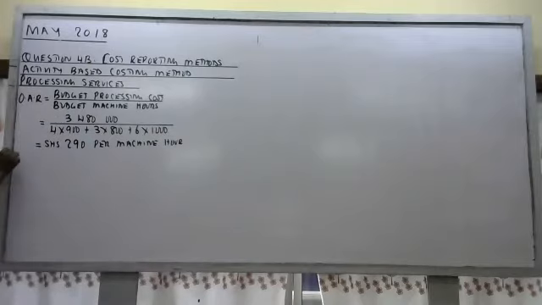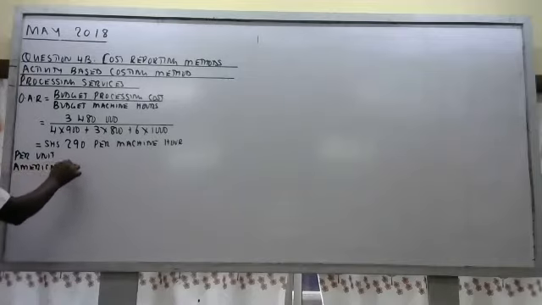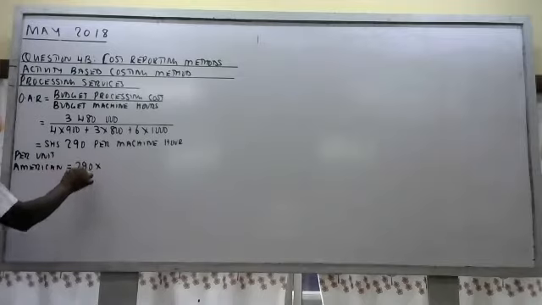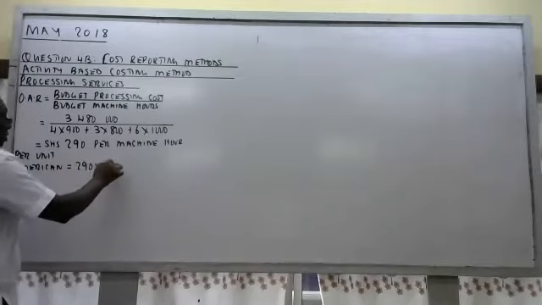So per unit, American will have 290 times 4.